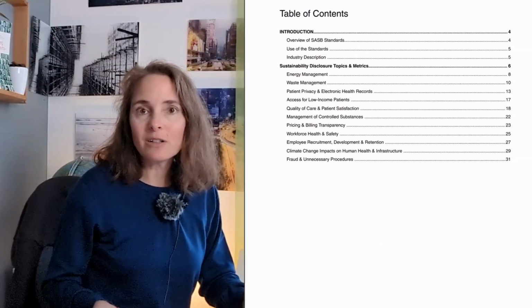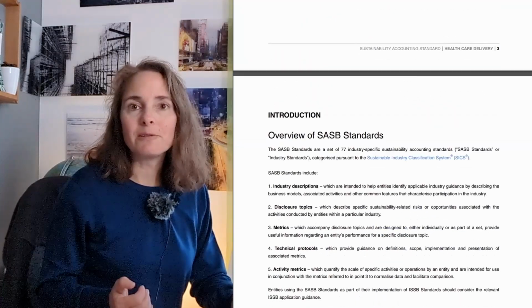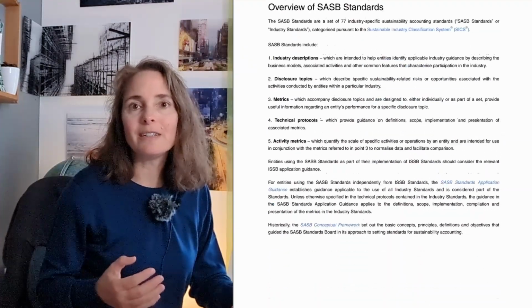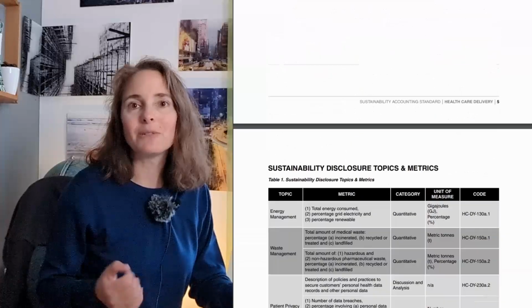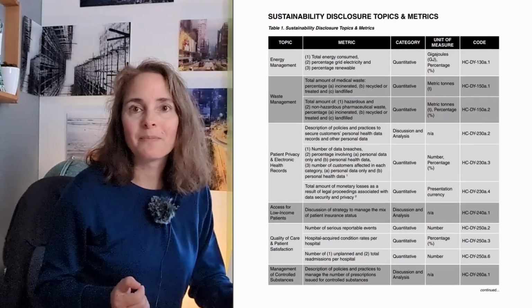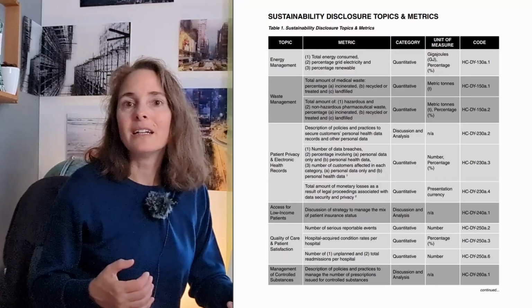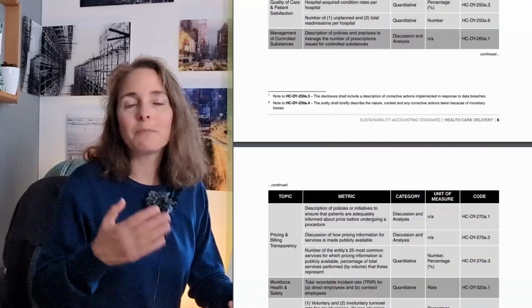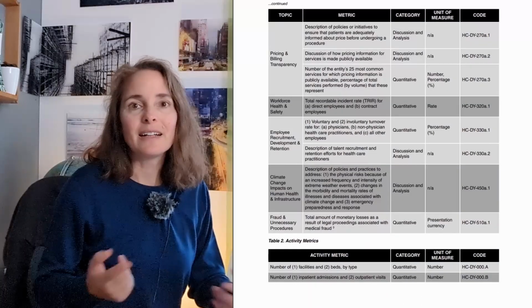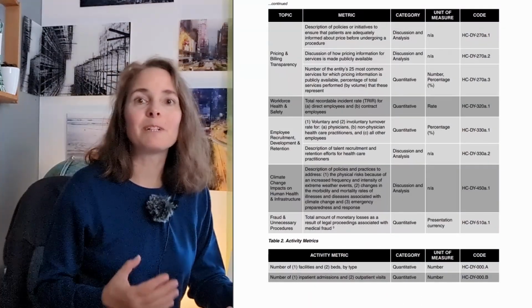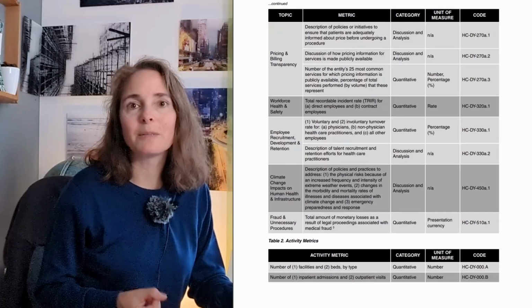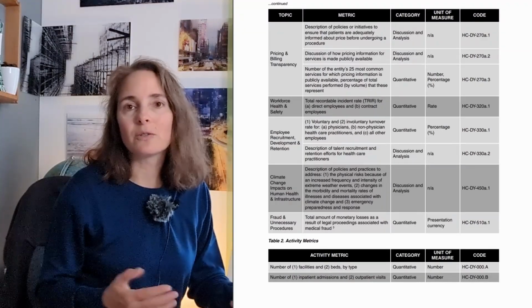I can then download it and really scan through and find out about all the financially material topics for that company. And it helps me a lot because it already gives me all the topics that are relevant plus the KPIs. And that will help me later when preparing the materiality assessment and when preparing also the ESG report.